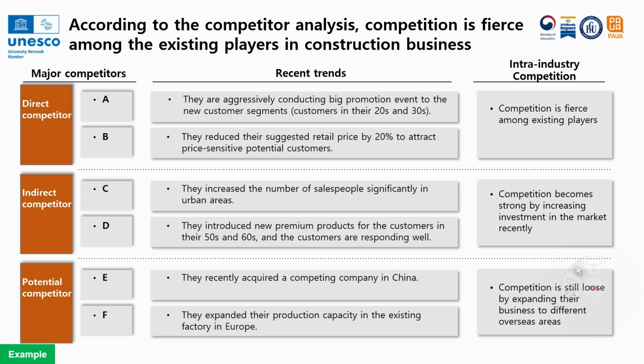And in the case of B, they want to expand the customer base and increase the size of the market by acquiring price-sensitive potential customers into the customer groups of this market.